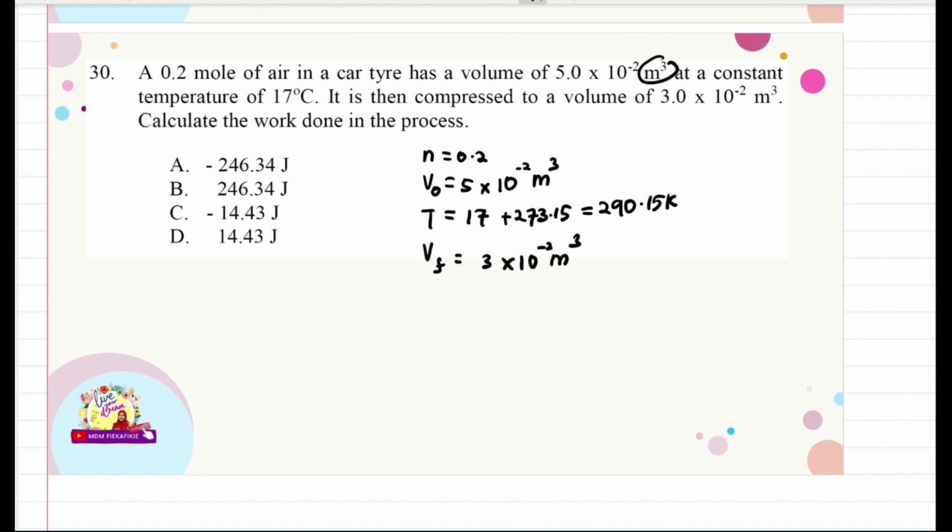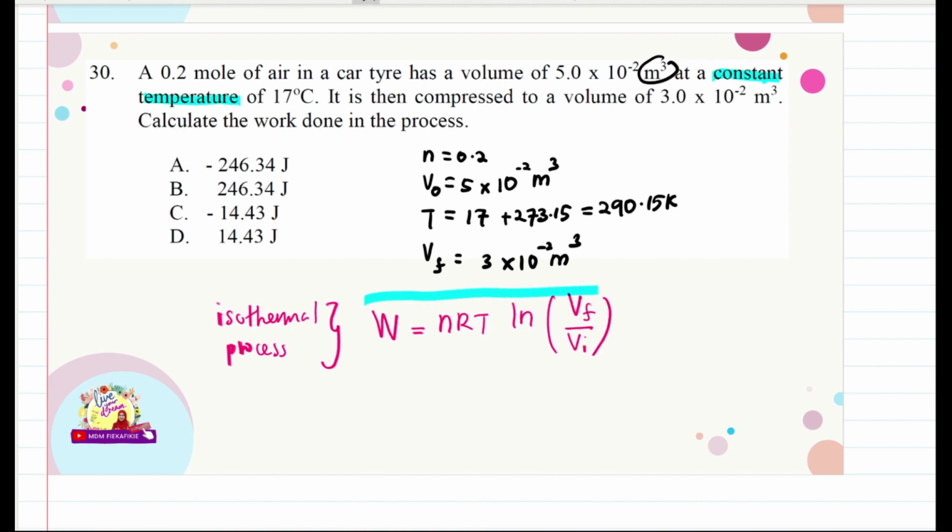So now we want to calculate the work done. Okay, so sekarang soalan kata apa ni? Constant temperature. Okay, so always remember for isothermal process. Okay, apa formula untuk you kira work? Okay, ada dua. Yang pertama, nRT ln V final over V initial.